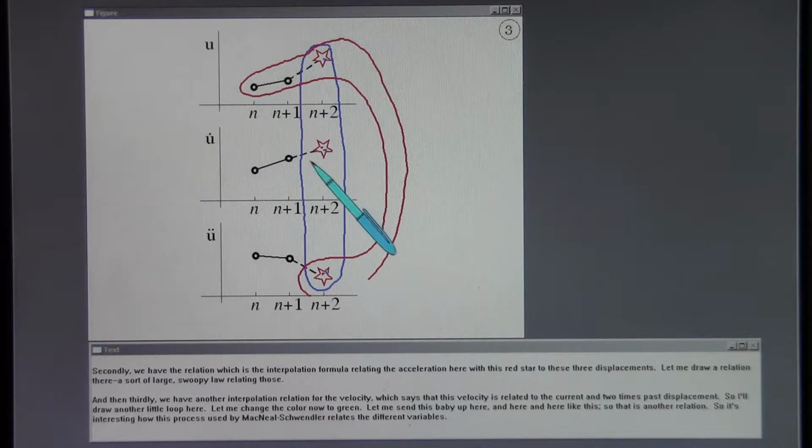So I'll draw another little loop here. Let me change the color now to green. Let me send this up here and around here and here like this. So that's another relation. It's interesting how this process used by MacNeal-Schwendler relates to different variables.